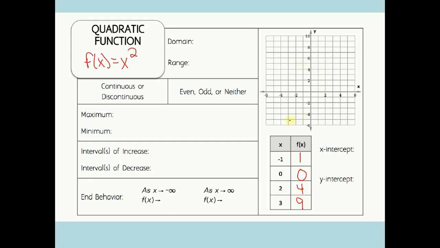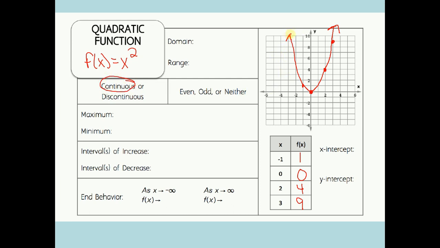So if I put those around here, 0, 0, 2, 4, 3, 9. Kind of do a graph sketch here. There we go. There is my parabola. It's my U shape.